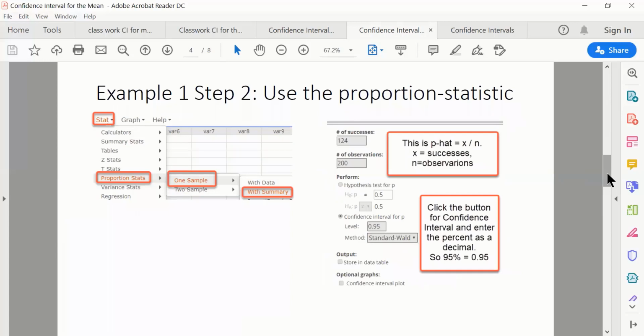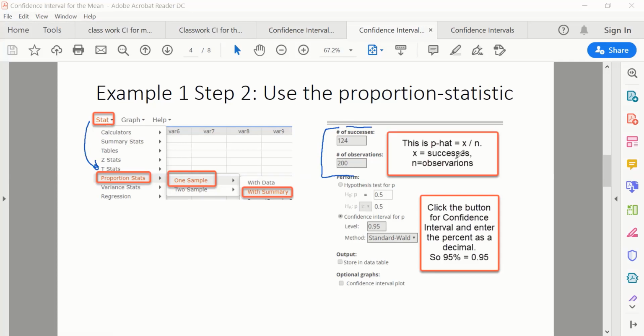Now in StatCrunch, we're going to use the proportion statistic. So we're going to do stat, and proportion stats right below t-stat, one sample with summary. The next screen we get is going to ask us for 2 things: the number of successes and the number of observations.